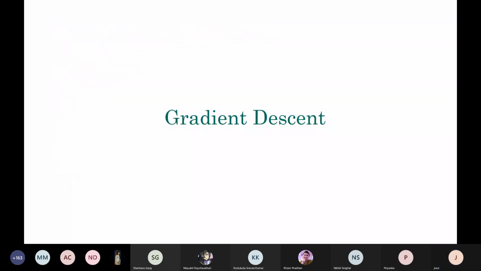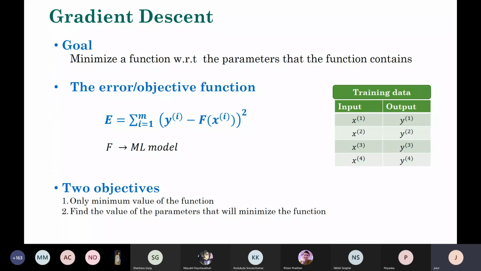Okay, we had been talking about gradient descent. Just a quick recap of what we started talking about yesterday. Say we have an objective function, and here my objective function is the squared error defined over all the samples in your training data. And on the right side, you can see the pattern of the training data.